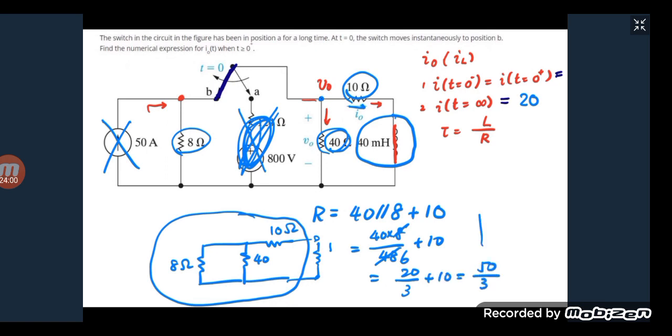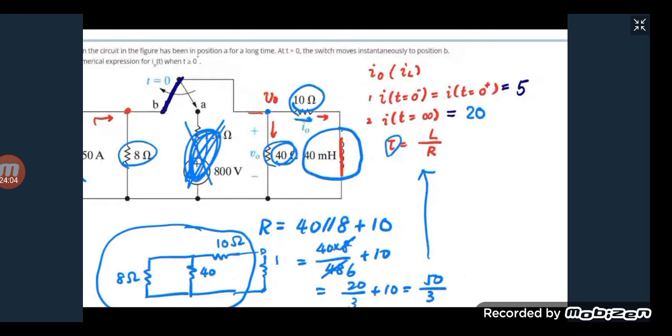So I think it's easy to get tau. So finally you can get I is equal to final plus initial minus final times exponential of minus T over tau. Okay. Any questions?